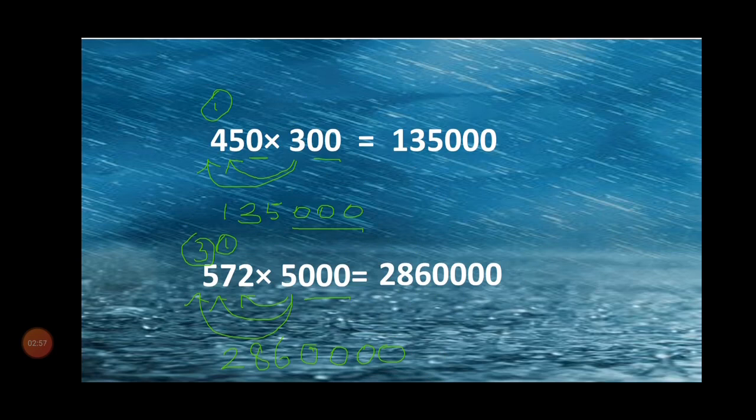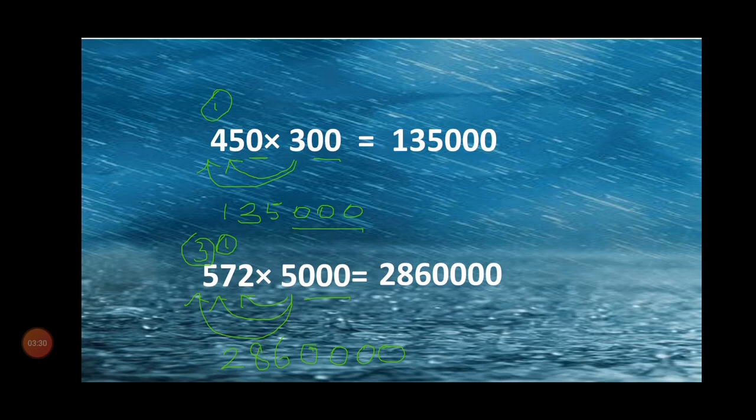450 into 300. Okay. So first you have to multiply by 3. Keep the 0 separately. Finally we have to write the 0 with the answer at last. So keep the 2 zeros separately. Now we are going to multiply by 3. See here, the first number has 1 zero and the second number has 2 zeros.